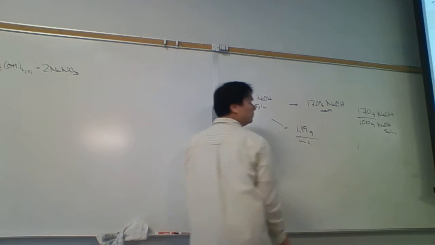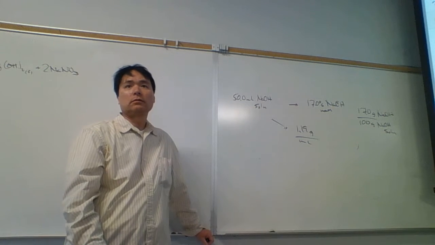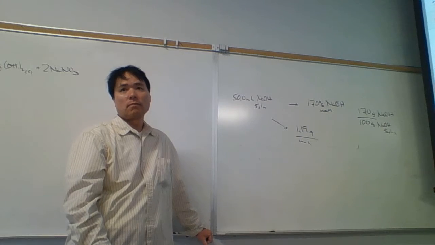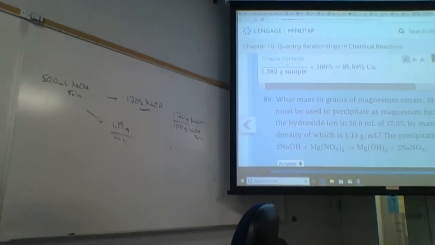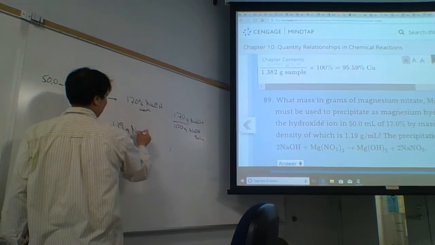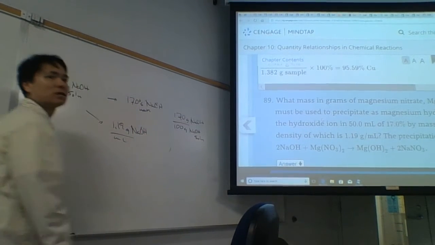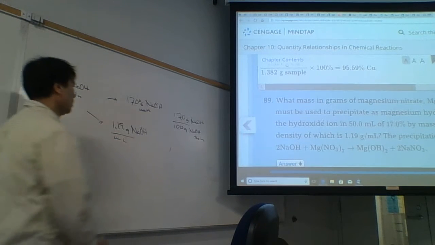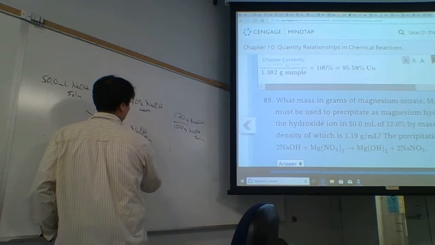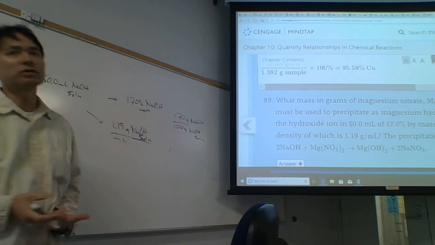Grams of what? No. If I just wrote sodium hydroxide here, I'm going to make an error. I should write sodium hydroxide what? Solution. You see, the problem is we're dealing with pure sodium hydroxide and a mixture of sodium hydroxide.